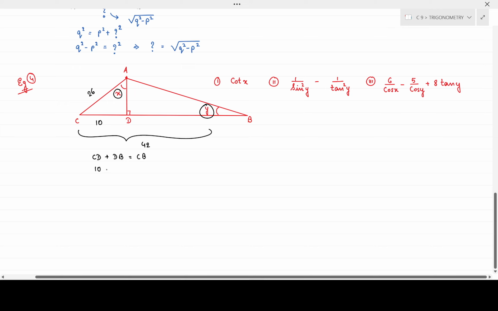CD is 10, DB we don't know right now, CB is 42. The value of DB is 42 minus 10, that is 32. So this is 32. Now, with the help of this dimension and this dimension, we can calculate this question mark value by the help of Pythagoras theorem.